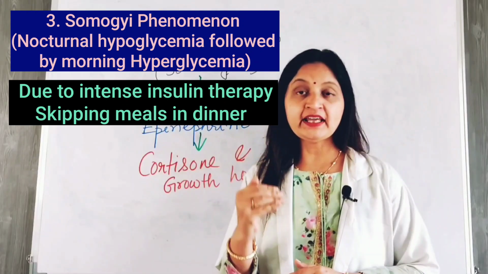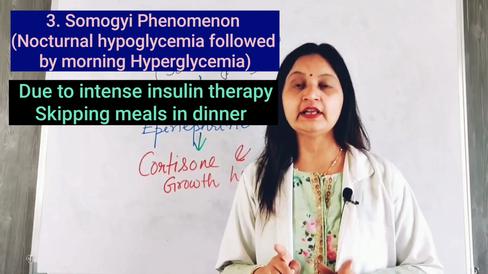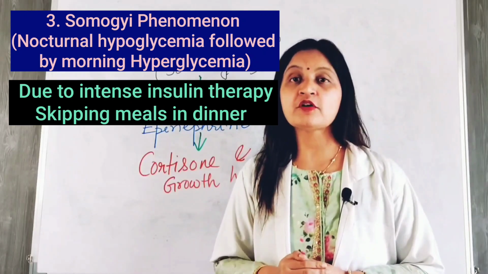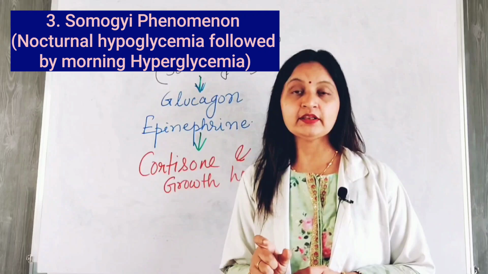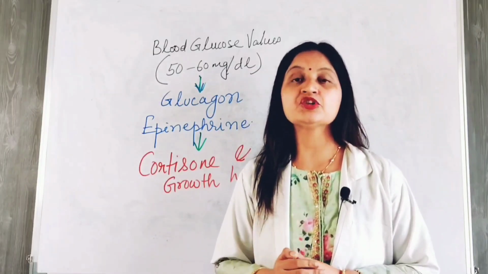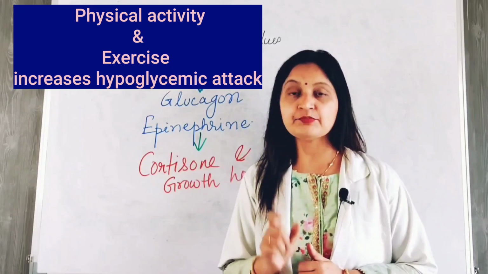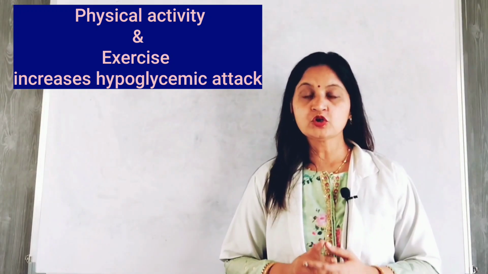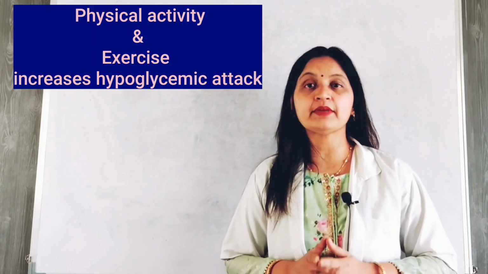And to control morning hyperglycemia, the physician might increase the dose of insulin. By increasing the dose of insulin, this can lead to repetitive hypoglycemia during the night and exacerbate the condition. Therefore, a hypoglycemic attack needs to be recognized and promptly treated. Also, physical activity and exercise increase the risk of a hypoglycemic attack.